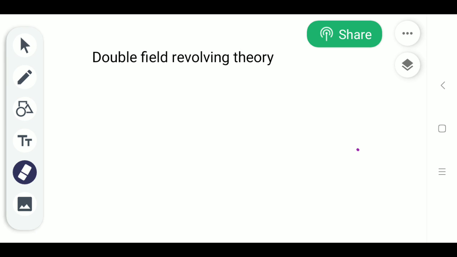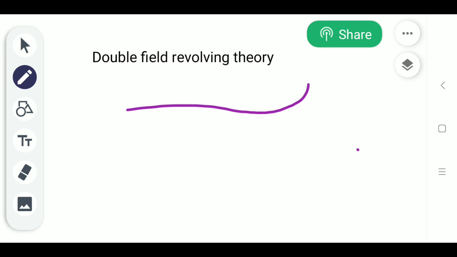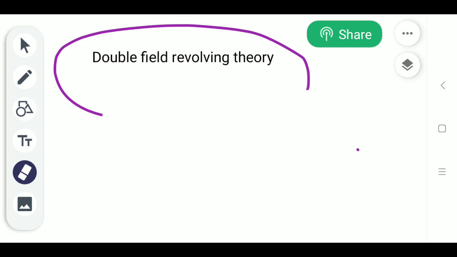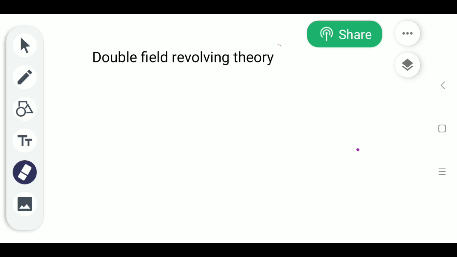So we have seen already this single-phase induction motor doesn't develop a starting torque, and hence it has to be provided with some means to start it. So how to explain this behavior? That is the question today.